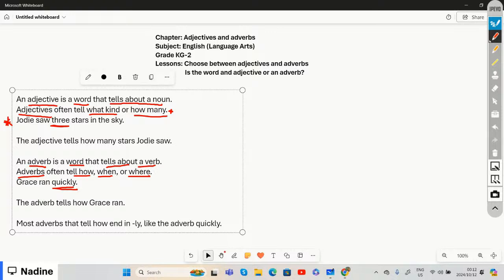When it also comes to adverbs, most of our adverbs that tell us how end in ly. Like for example, quickly, hurriedly, sadly. They end in ly.